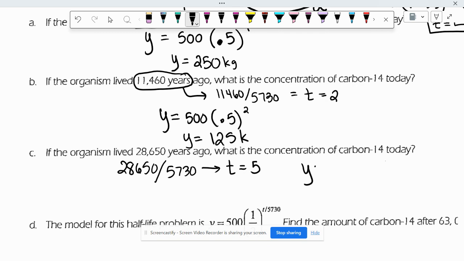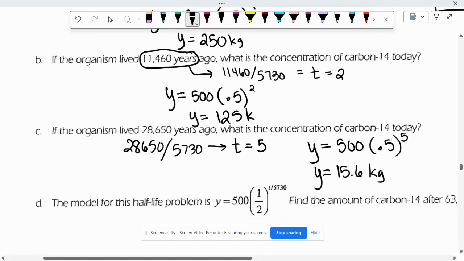So we're going to use the equation Y equals 500 times 0.5 to the 5th power. So how much radioactive material do we have now? Yeah, we have 15.6 kilograms. So we're getting there, right? It's almost all the way gone after 28,650 years.